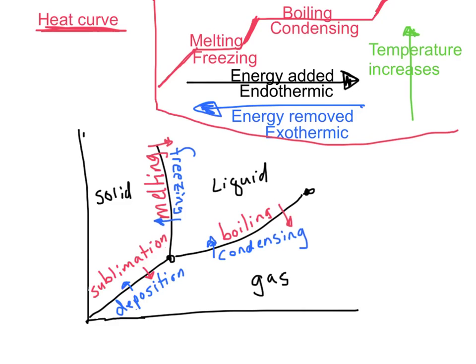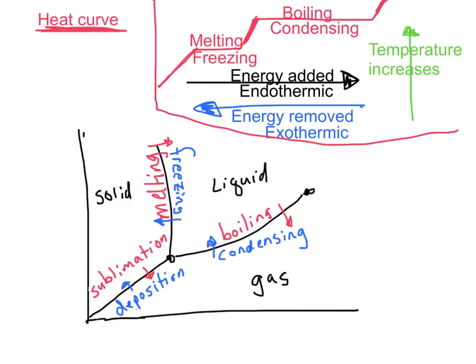We know as we get higher on this chart, the temperature increases. We know that as we move to the right, energy is added. That's known as endothermic. I'm putting energy in. As I move to the left, as the blue shows, then I'm taking energy out. So if I'm condensing, I'm taking energy out of the gas. If I'm freezing, I'm taking energy out. That's known as exothermic.